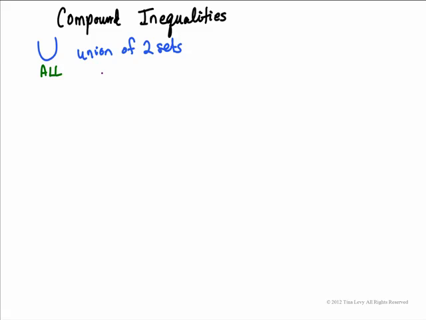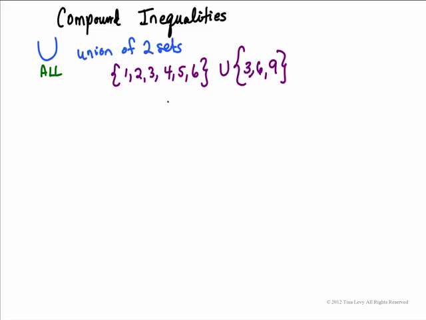So for example, if I said I had the set that consisted of the numbers 1, 2, 3, 4, 5, 6, and I union that with the set 3, 6, 9, the resulting union is the set that has all the elements, but they only occur one time.